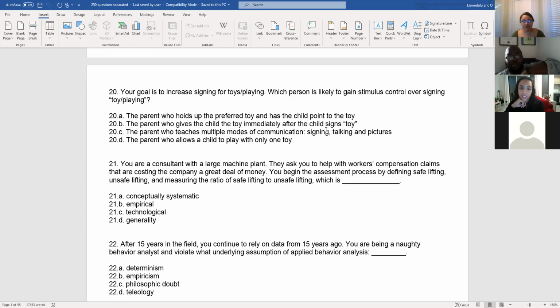But in the first one, they're just having the child point to the toy, where the question is asking about signing toy. Yeah, he's reinforced immediately, so that one's going to increase. Oh yeah, the question was your goal is to increase signing. Okay, so let's take a look. B. Number 20, B. Yep, we're right.